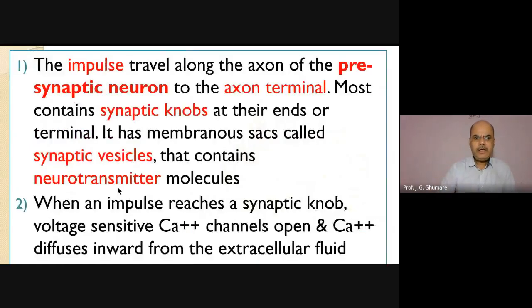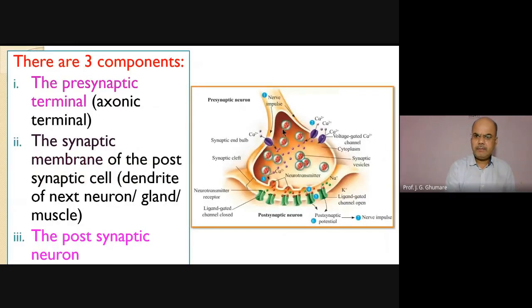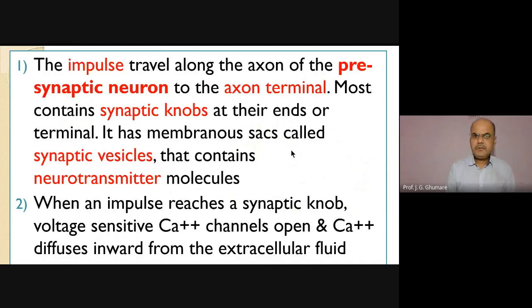Okay, now next, how the impulse travels along the synapse that we are going to discuss. The impulse travels along the axon of the presynaptic neuron to the axonal bulb here. So all the way the impulse will come up to here. What will be the changes that take place? Most synaptic bulbs, I told you, contain membranous sacs.